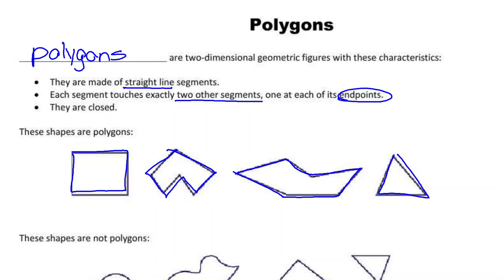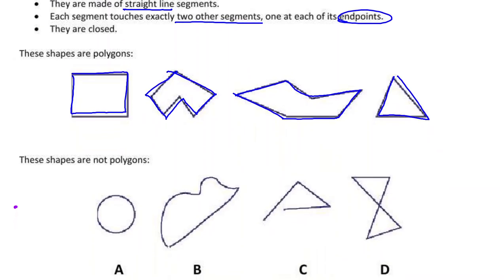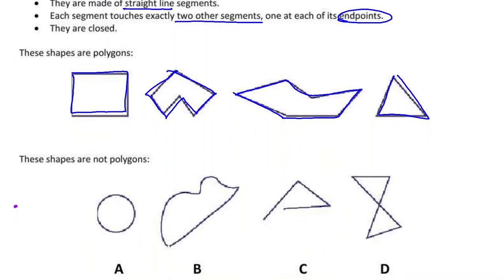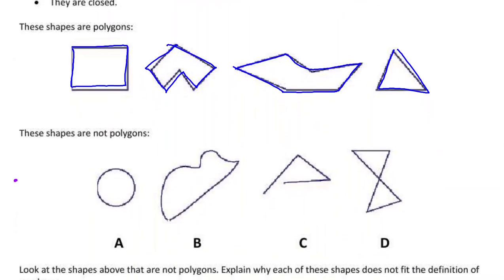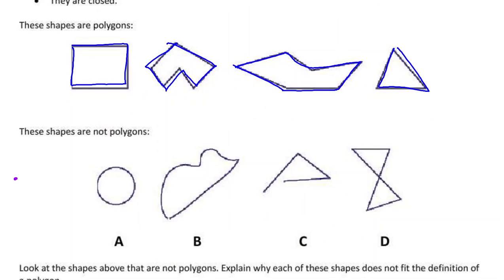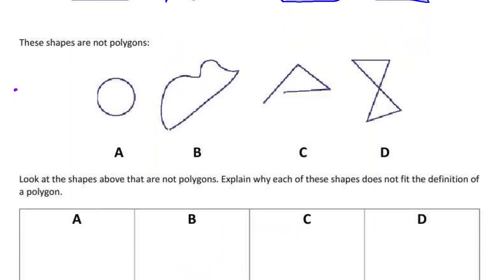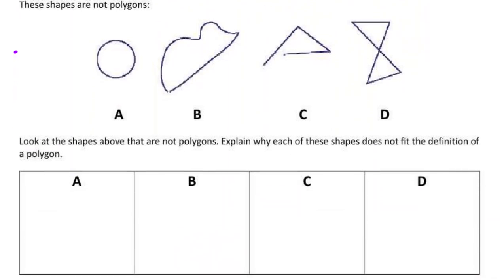Now if you look below, it has shapes that are not polygons. So we have A, B, C, and D. Let's look at those shapes and talk about why they are not polygons. Let's look at A. If we think about the definition of a polygon, why is A not a polygon?